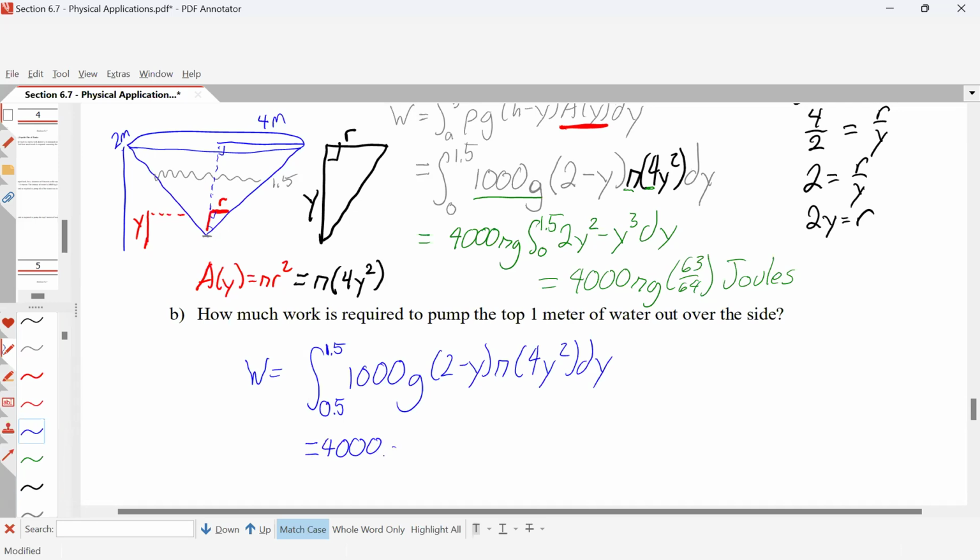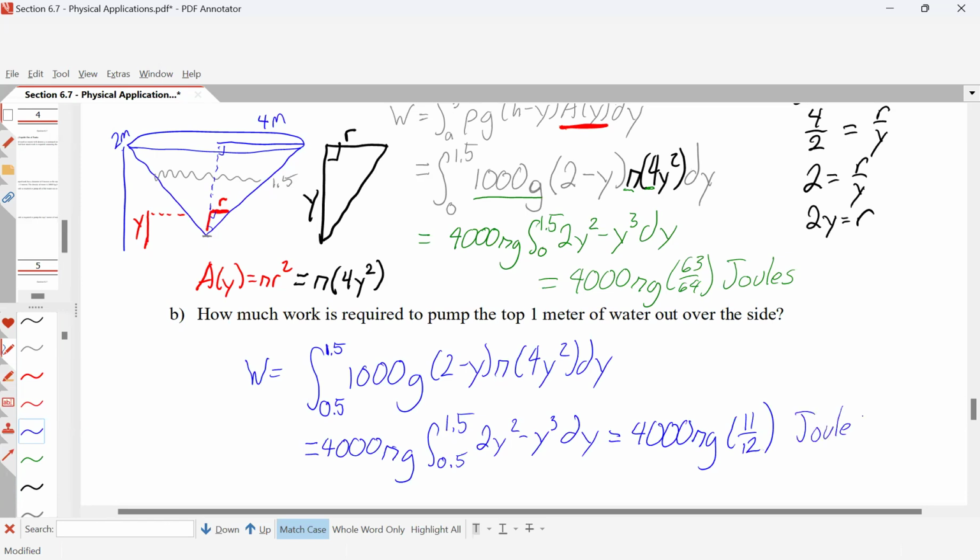We have 4000 pi g times the integral from 0.5 to 1.5 of 2y squared minus y cubed dy, which works out to be 4000 pi g times 11 twelfths joules.